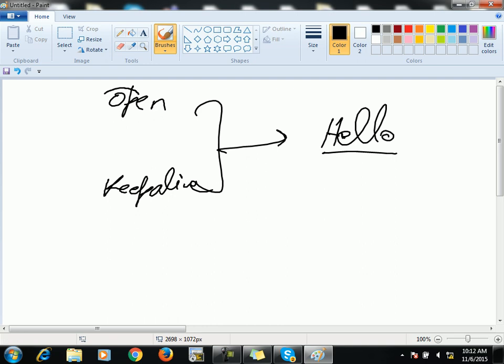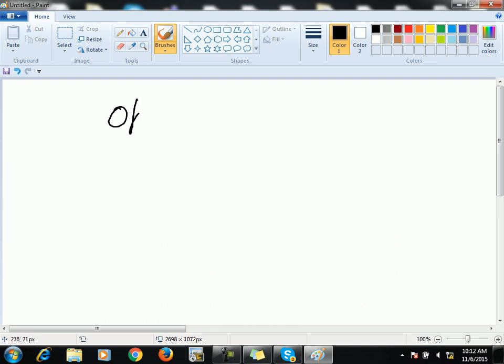So if you talk about the open packet, let's start with open. First of all, BGP sends open messages to each other, right? Let's say we implemented BGP on two routers, so before forming neighborship they will send open messages to each other.